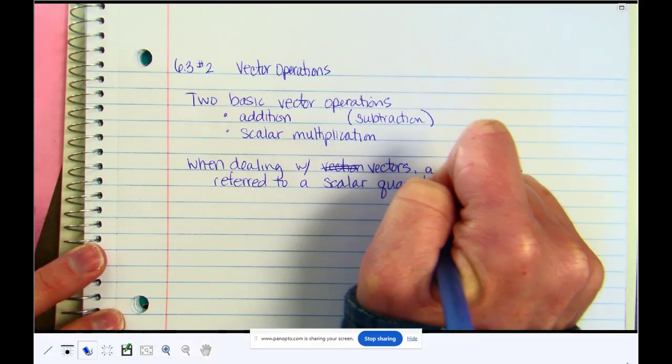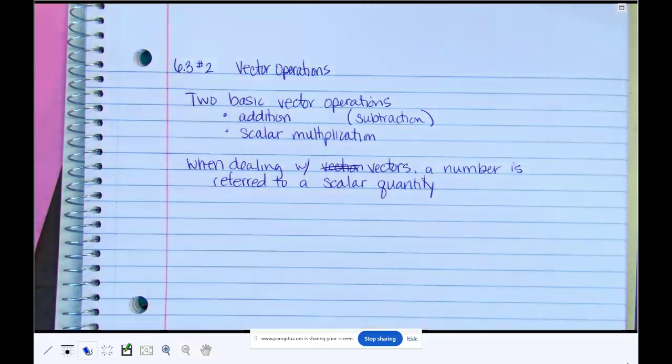Okay, so it's just a term. It's called a scalar because it changes the scale of the vector. Okay, it's going to change the size of the vector. Let me show you how that works.